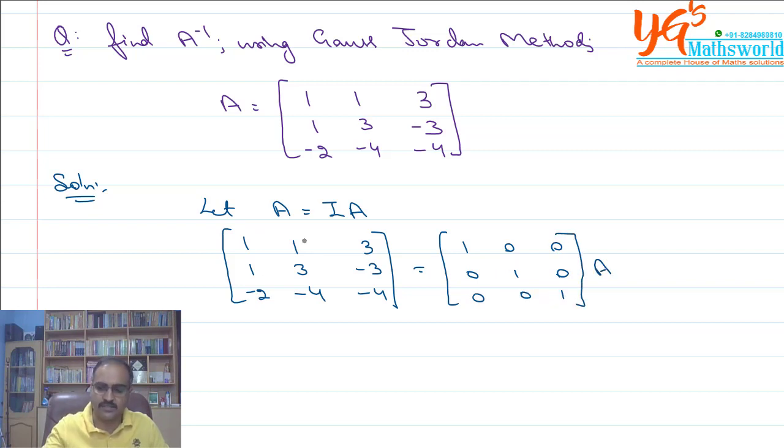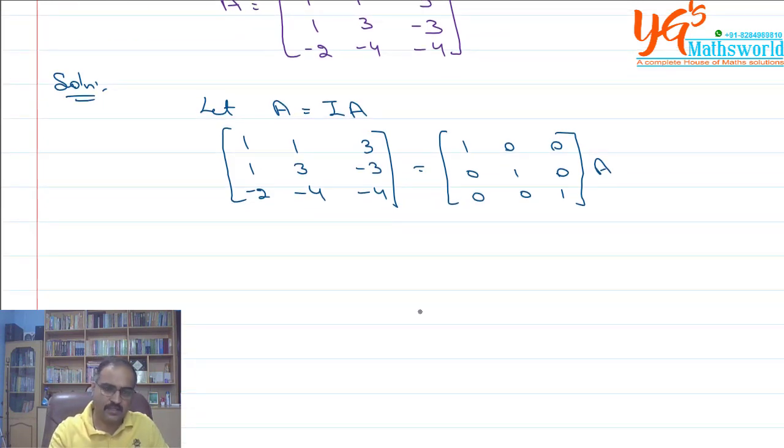If A is 3 by 3, it will be 3 by 3, and whatever the order of matrix A, the same will be the order of the identity matrix. Now I have to convert this matrix A into identity. That means all the diagonal elements should be 1 and the rest of the elements should be 0.